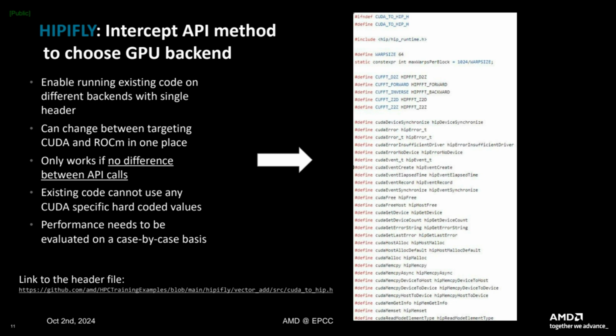So if this works for you, then it means that you don't have to do any changes to your code, and you can see that in the header, we have in fact defined the warp size and set it to 64. On the other hand, for this to work, you obviously need to have a one-to-one correspondence between the CUDA calls and the HIP calls, and obviously they also have to be listed here in the header.